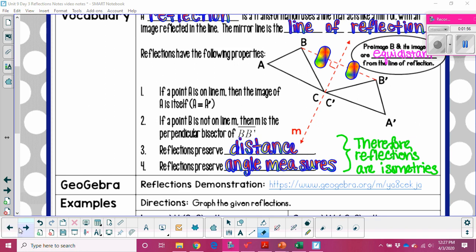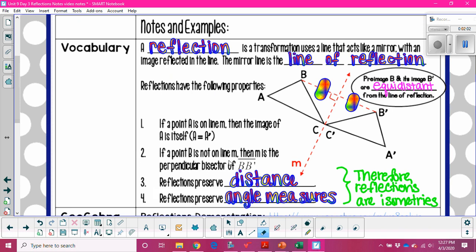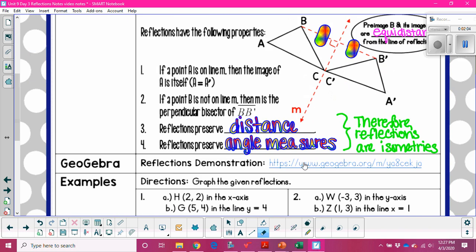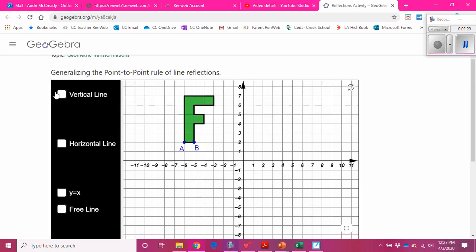Let's go look at a GeoGebra example. Looking at this reflection activity, you can reflect in a vertical line or horizontal line or any line actually.